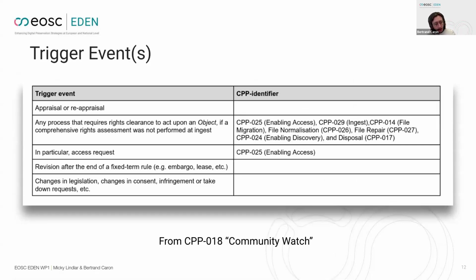Next is the trigger events section, that is the list of events, either regular events or other core preservation processes that could lead to this current process being needed and performed.